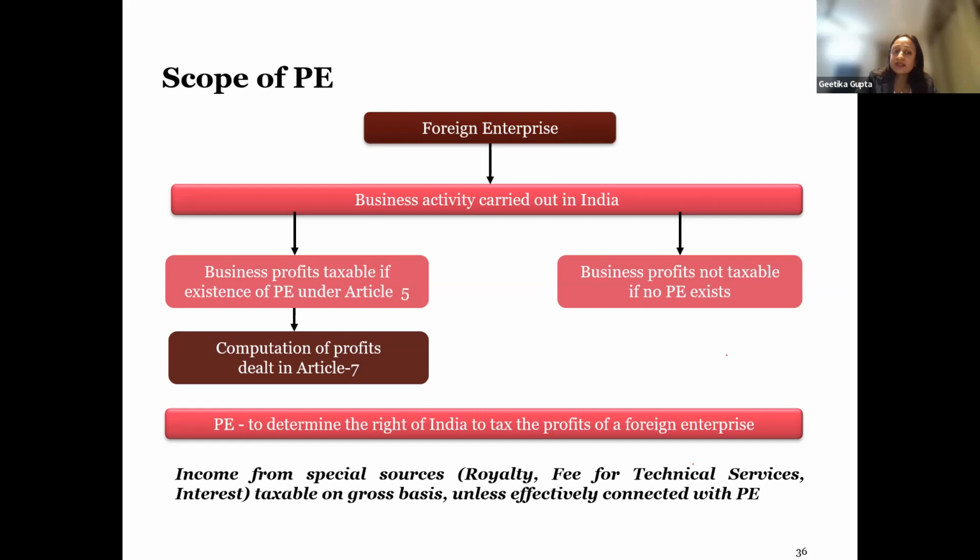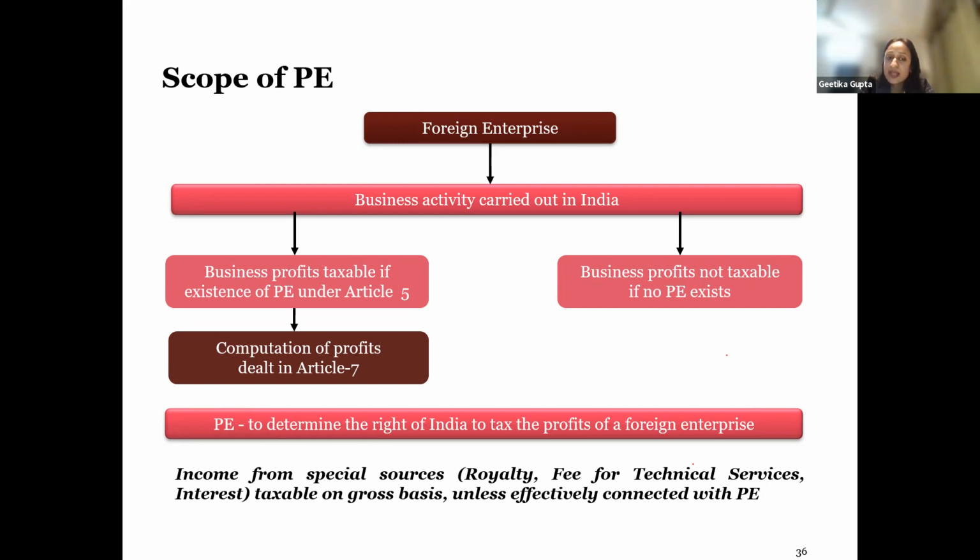Again, income from certain other sources like royalty, FTS, interest, they are taxed on gross basis unless effectively connected with the PE. So just from a clarity perspective, if there are certain special sources of income like royalty, FTS, it's to be taxed on a gross basis, on a source basis, till the time they are effectively connected with the PE.